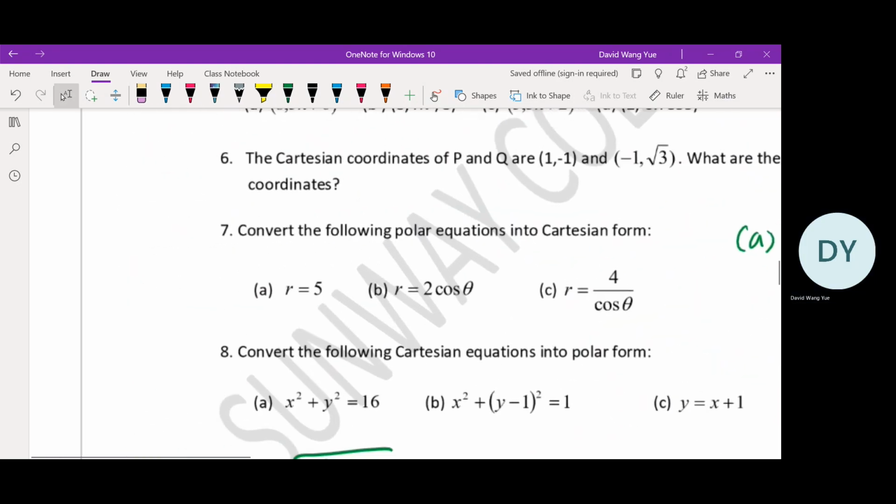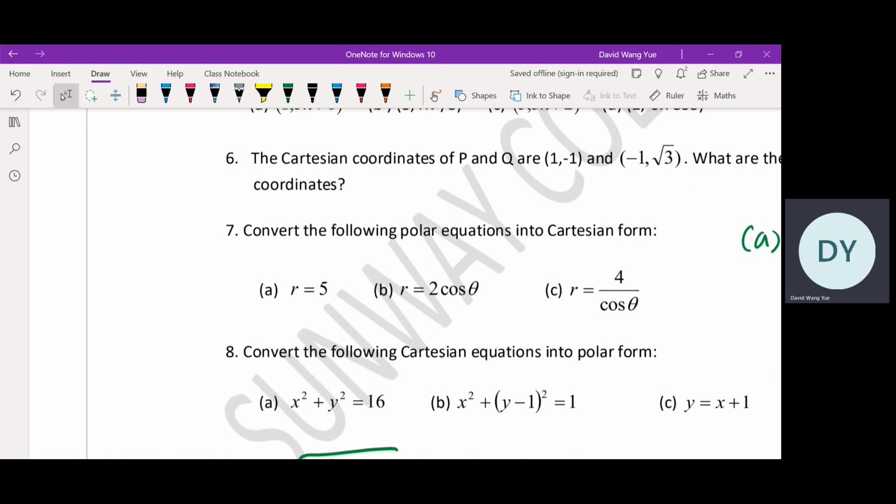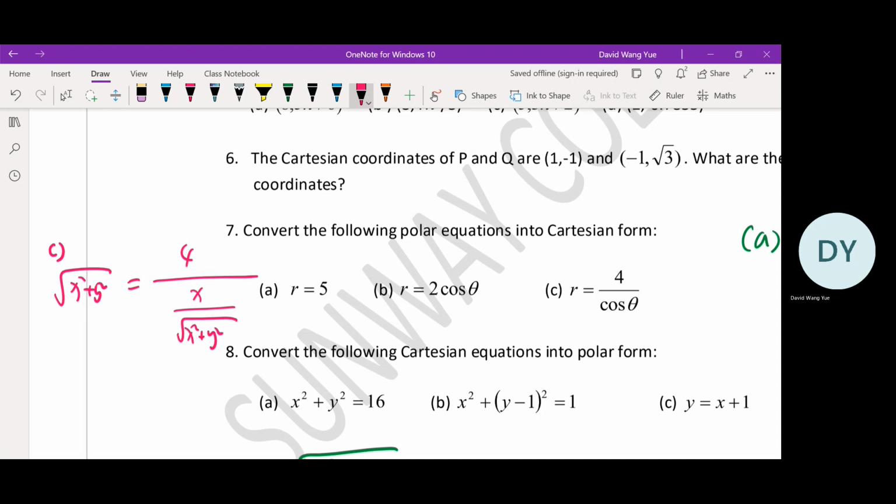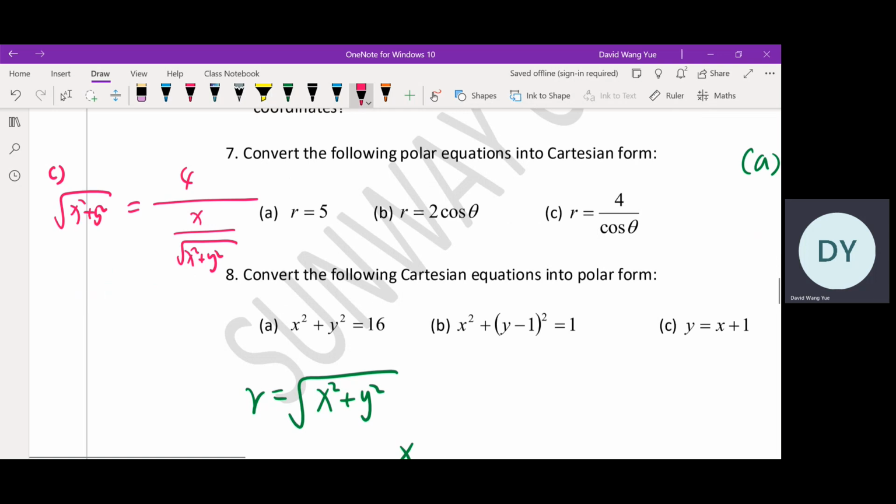Next one, r equals 4 over cosine theta. The root of x squared plus y squared equals 4 over cosine theta, which is x over r.